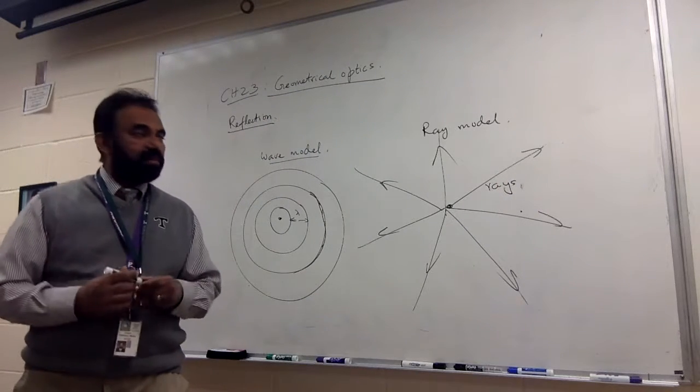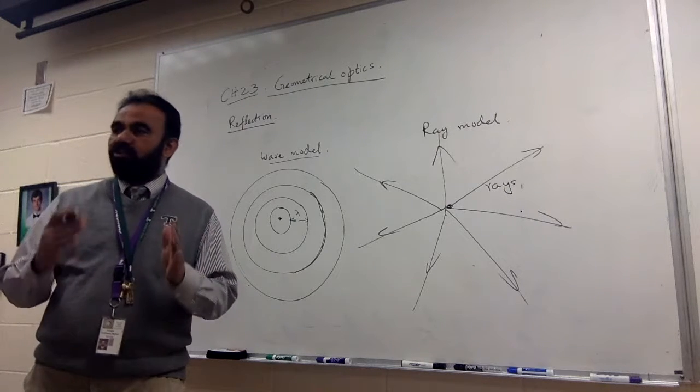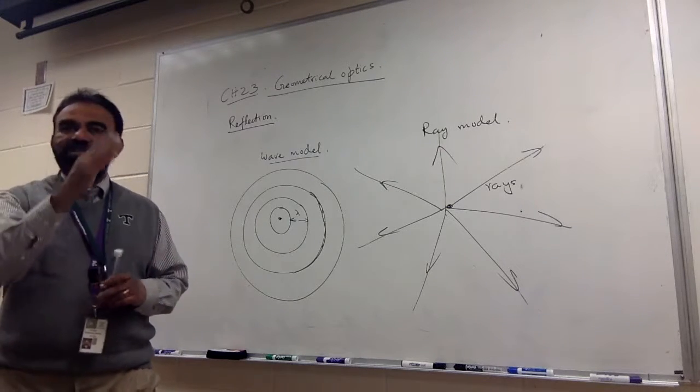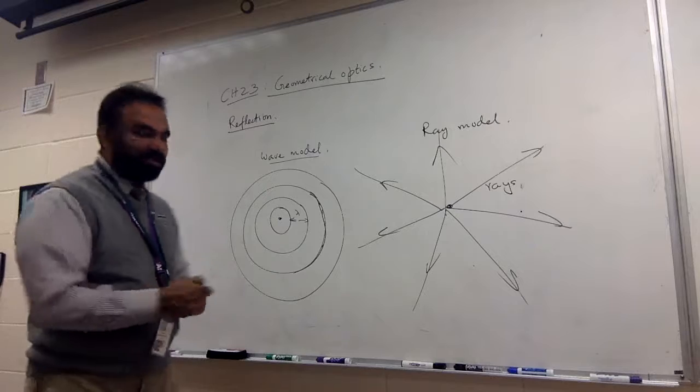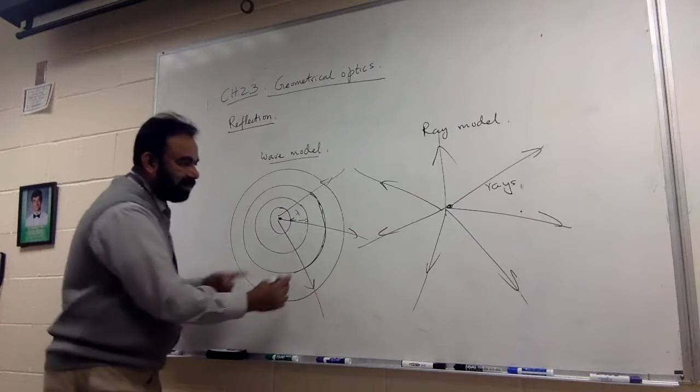Now what is a ray, by the way? A ray is an imaginary line drawn to represent the direction of motion of a wavefront. So these are the rays.